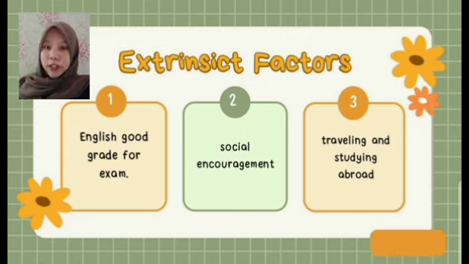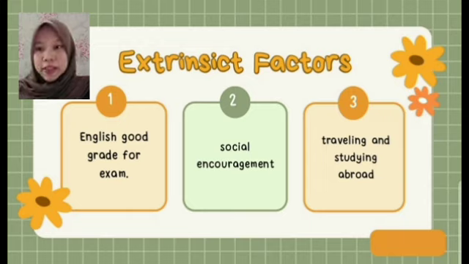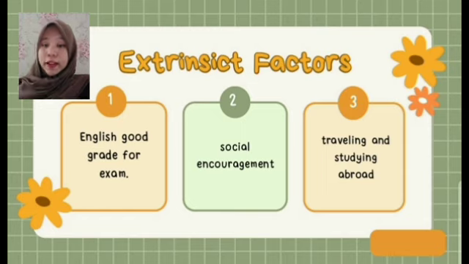Examples include doing something to gain a promotion, to win a competition, or to earn a good grade. In learning English, it can include a good grade on an exam, social encouragement, and traveling or studying abroad. Some people cannot deny that they study English because they want to study abroad or travel around the world.